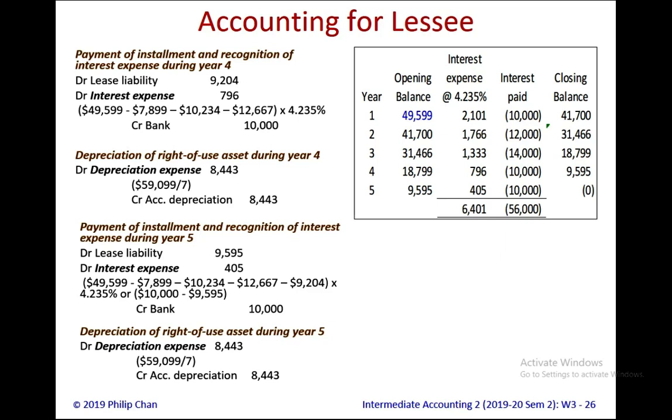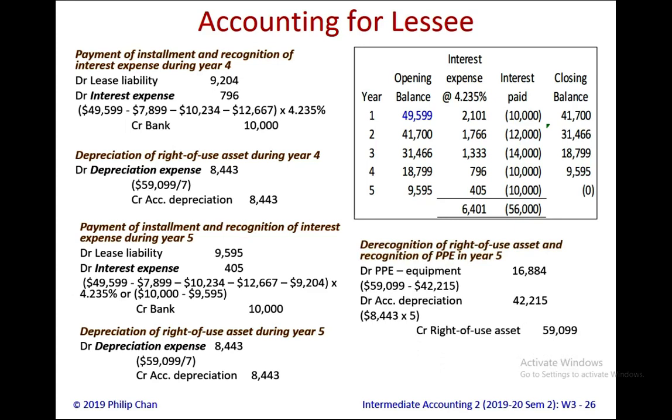How come it has to be eliminated? I thought that the asset would belong to the lessee after year 5. Yes, indeed, we still have to eliminate the right of use asset because we're going to recognize a new term for it, which is PPE.